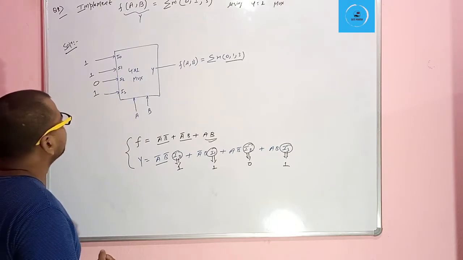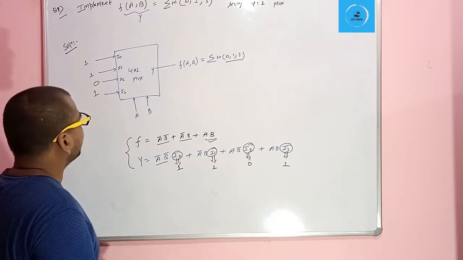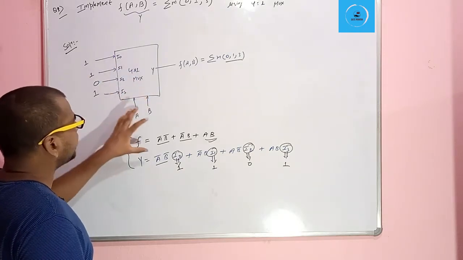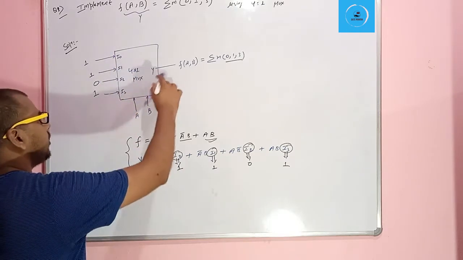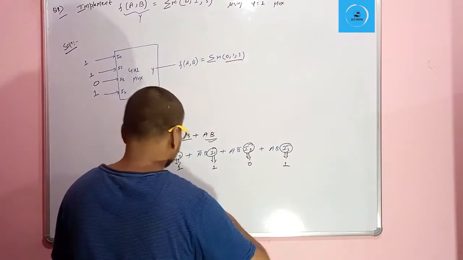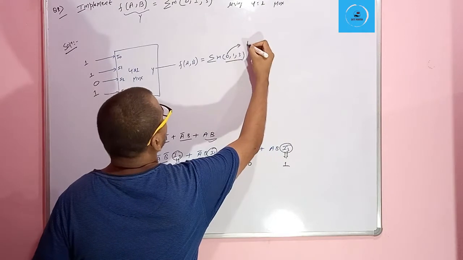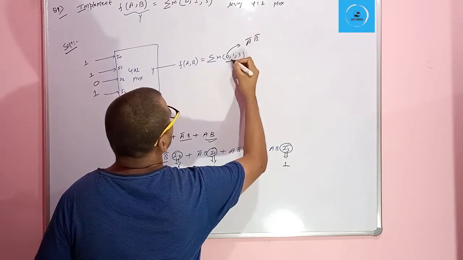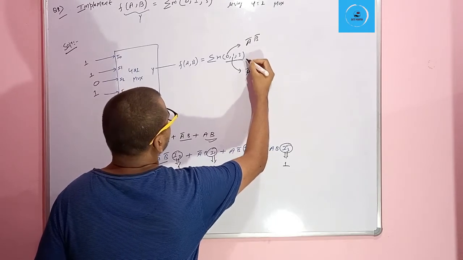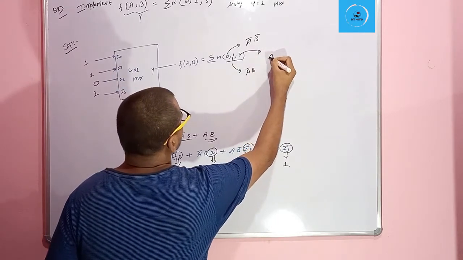For doing this, what we did: first we wrote the expression for the output 0, 1, 3. For 0 we write a bar b bar, for 1 we write a bar b, and for 3 we write a b.